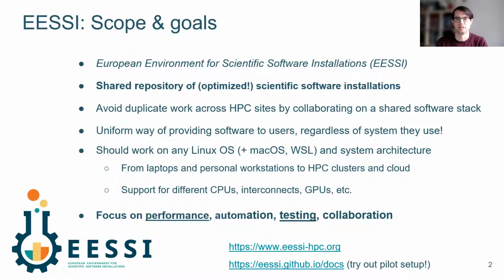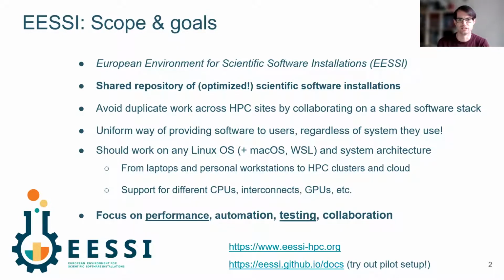From the user perspective, if you move from one HPC cluster to another, or maybe from your local university to a central HPC cluster, you have a lot of differences in software environment, which is also difficult. So the idea in this project is, what if we can come up with one centralized set of installations, one software stack that we can offer on multiple systems.